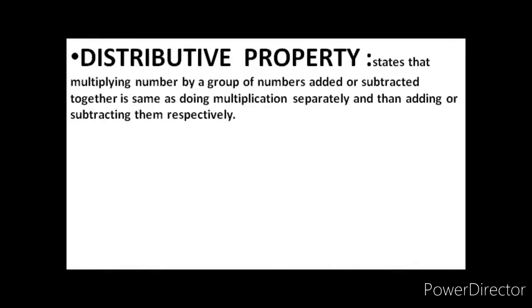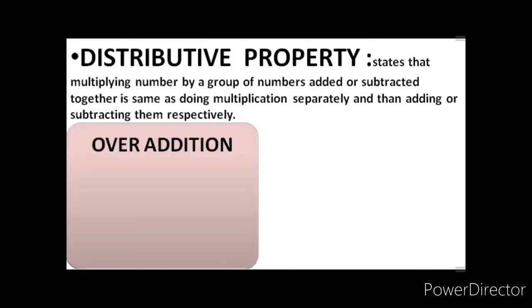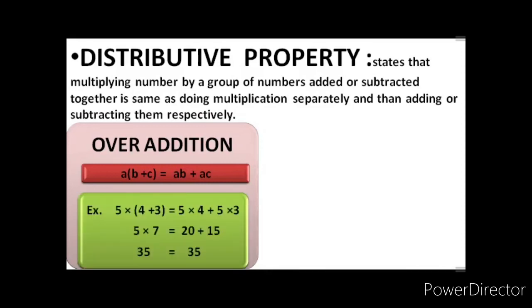Therefore, if a, b and c are any three integers, then the distributive property of multiplication over addition is a × (b + c) = a × b + a × c. If 5, 4 and 3 are any three integers, then 5 × (4 + 3) is equal to 35. Also, 5 × 4 + 5 × 3 is equal to 35. Thus, the distributive property is proved.